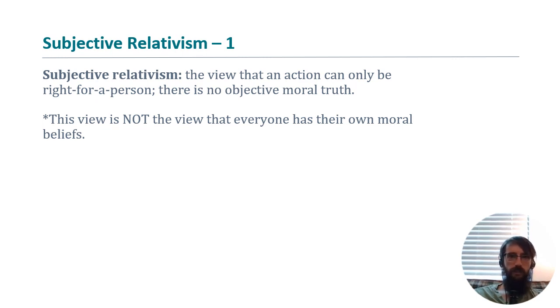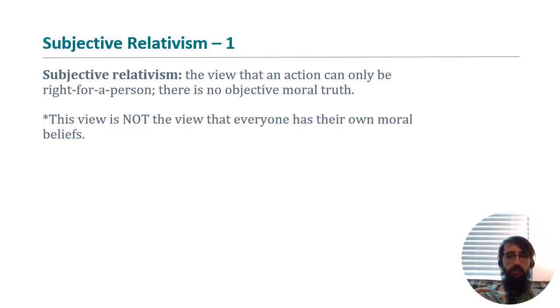So if we were to consider a moral statement like torturing innocent toddlers for fun is wrong, according to subjective relativism, that statement can't be objectively true. It can't be like a fact of the matter regarding the truth of that statement. Its truth would just be relative to individual people.